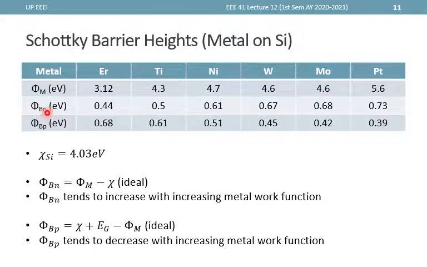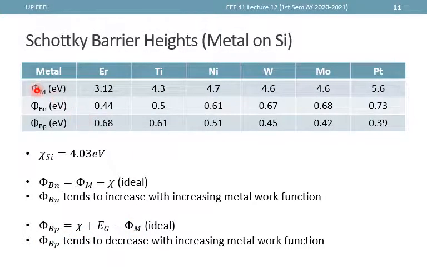Now note that this is the value for electron affinity for silicon, and we have noted a while ago that for N-type materials, phi Bn in the ideal case is phi m minus chi, whereas for the P-type case, phi Bp is chi plus Eg minus phi m.